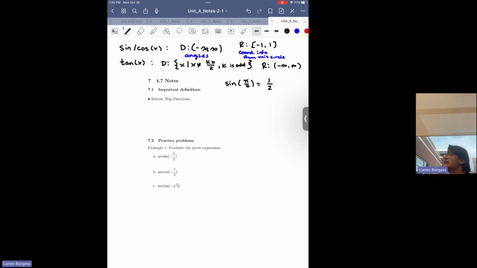Now we want to find the inverse function for sine and cosine. What does it mean to find the inverse function? Thinking back to what we did in Unit 3, thinking back to what we did in Unit 1, how do I find the inverse function? We swap the x's and the y's. Okay.